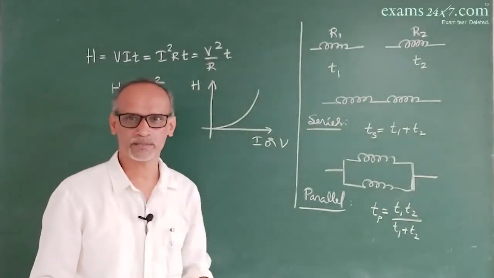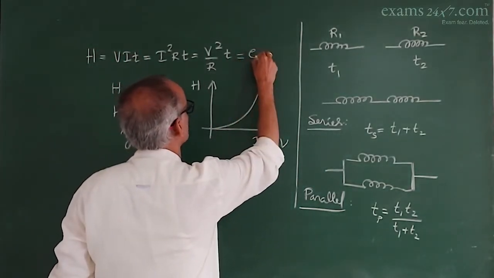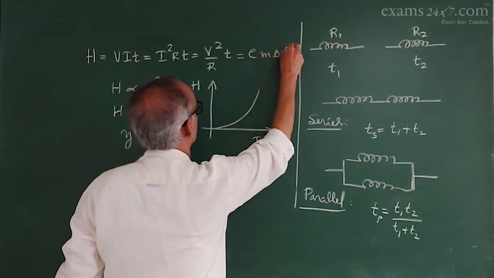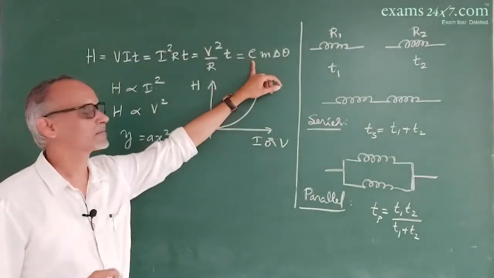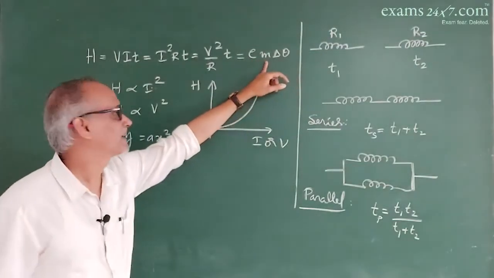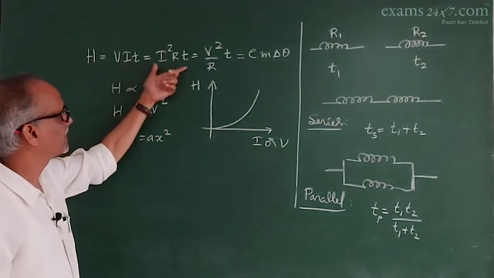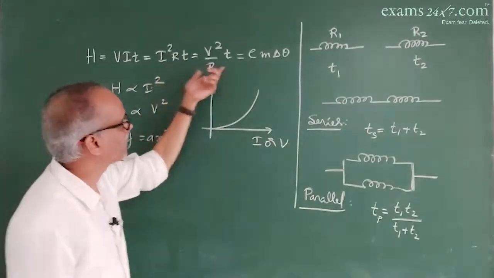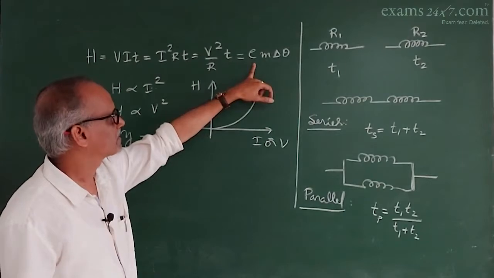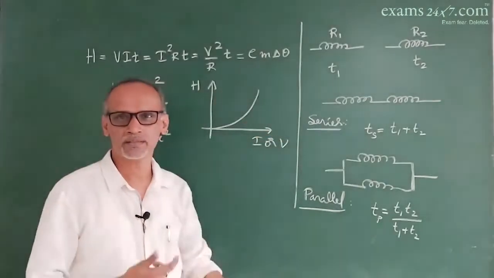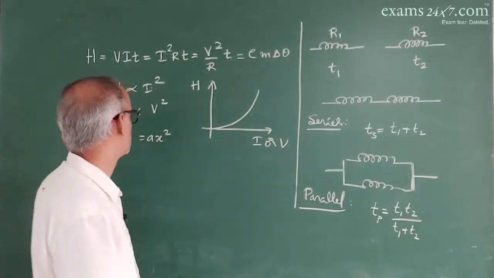Now we can even equate this heat generated to c m Δθ, if the specific heat of the liquid is given, where m is the mass of the liquid and Δθ is the change in temperature. So we can even equate these variables of electricity with the property of the material, which is the specific heat of the substance or the liquid, where m is the mass and Δθ is the change in temperature when we pass the current, because the liquid gets heated up.